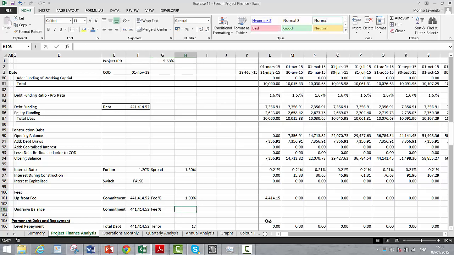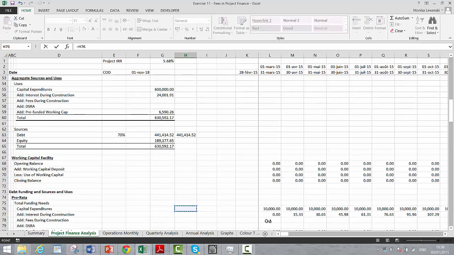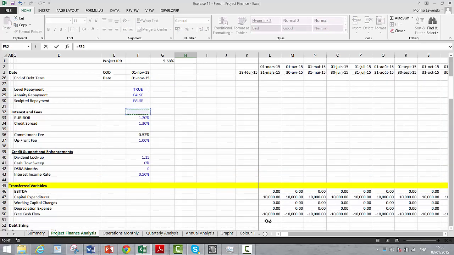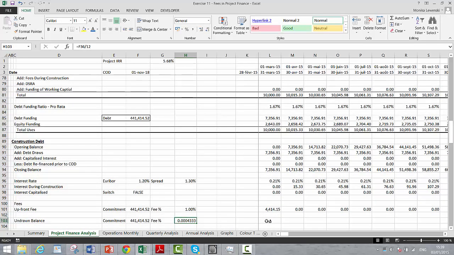But we should be a little bit careful with this one, because unlike the other one that just got applied a single time, this gets applied every single month, so we have a smaller amount. I pressed Shift Control P and it finally worked. Okay, so the undrawn balance is the commitment we have minus the opening balance of our construction debt. I'm worried perhaps this formula will get a little bit long, and let's press the commitment fee. I don't think that's so bad.